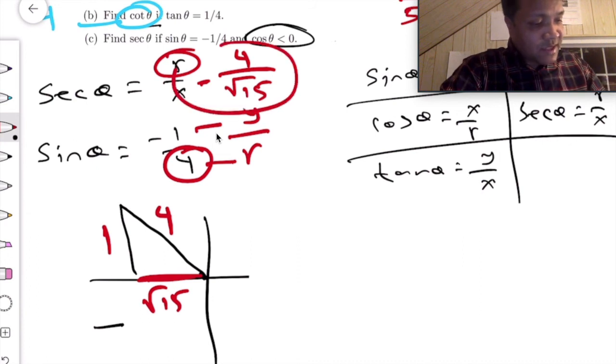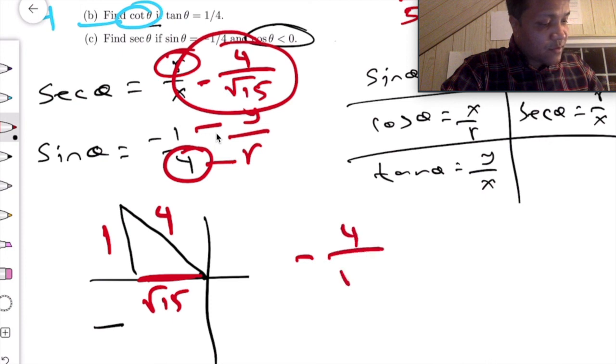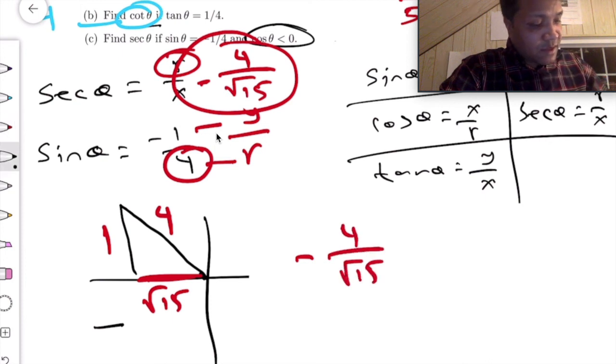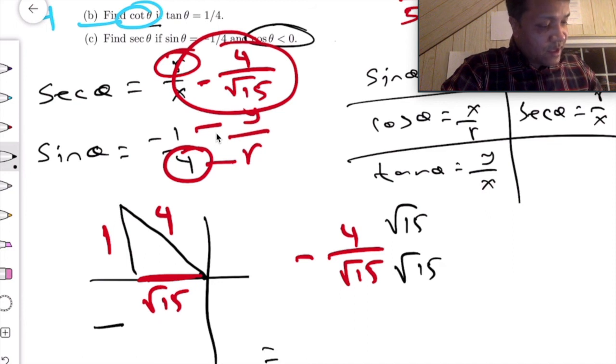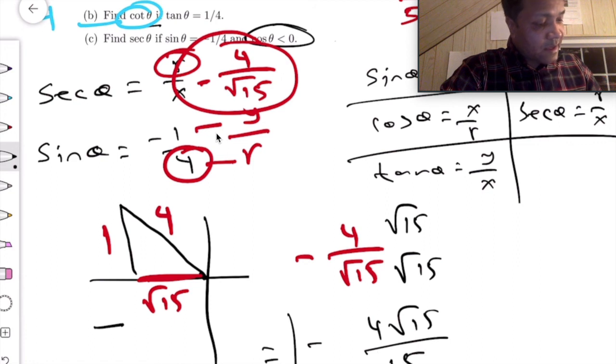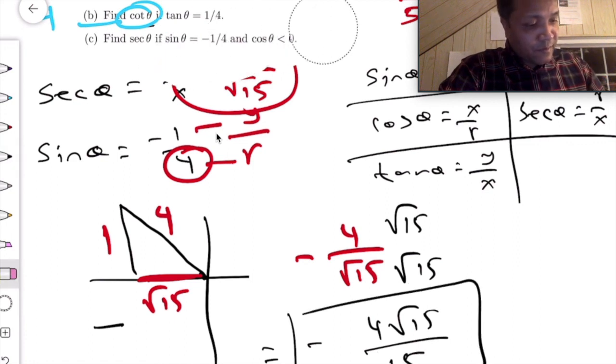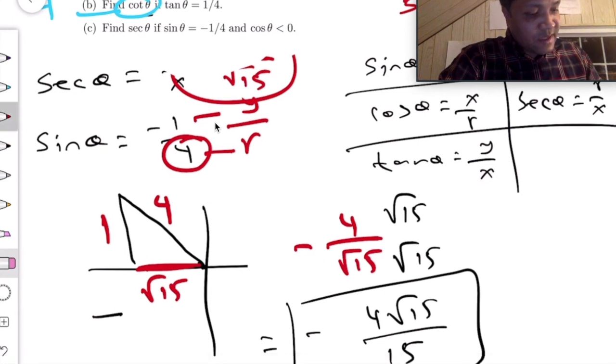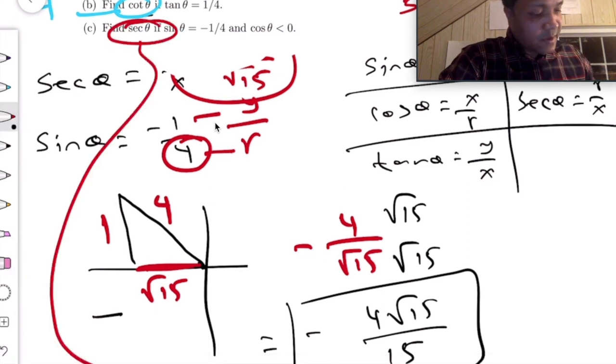We have to rationalize it. So negative 4 over square root of 15. Multiply top and bottom by square root of 15 to rationalize it. So our final answer is negative 4 square root of 15 over 15. That's our final answer. So secant theta is this one.